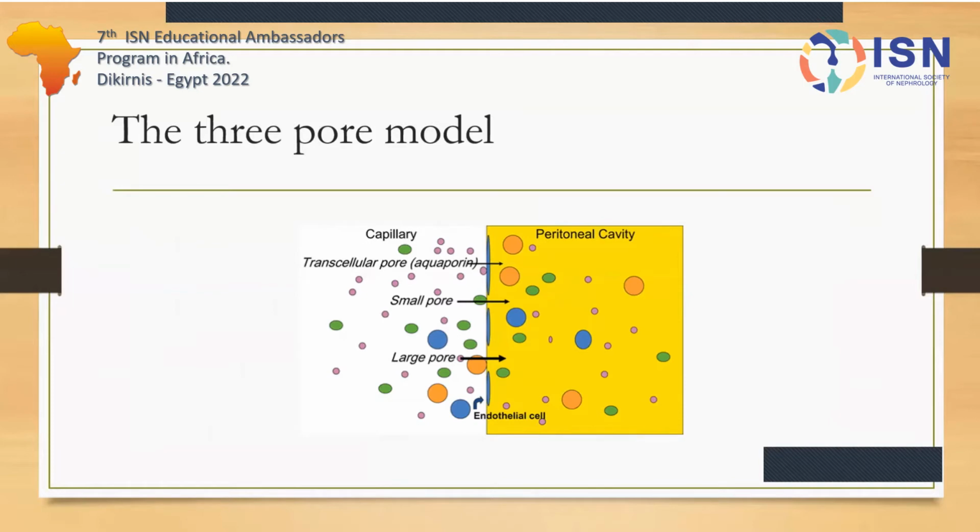So in brief, these are the pores that allow passage of molecules between the blood side and the peritoneal side. Small pores for urea and creatinine, large pores for beta-2 microglobulin, and the transcellular pore for water, which helps you with ultrafiltration.